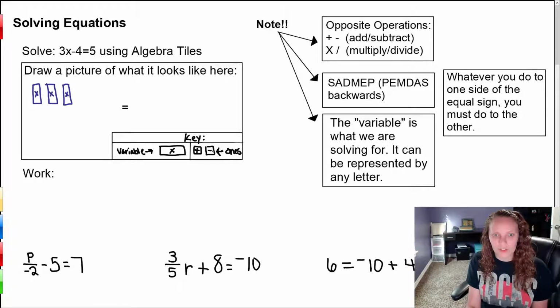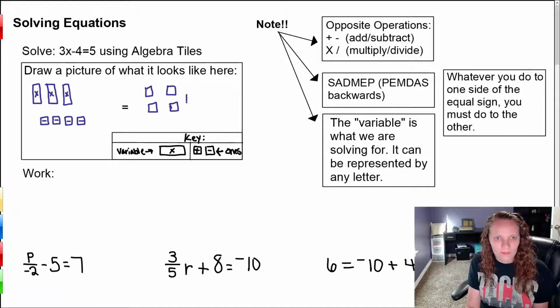So we're going to use the little squares with the minus signs. Equals 5, and 5 is positive. This is how we can look at an equation in a picture form.